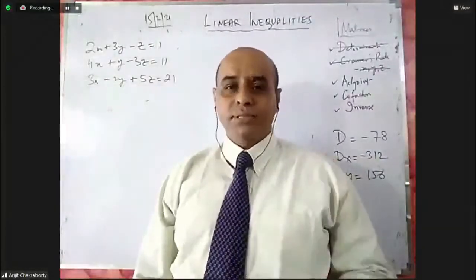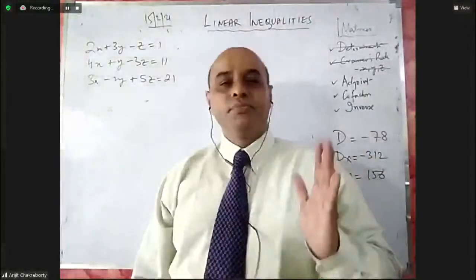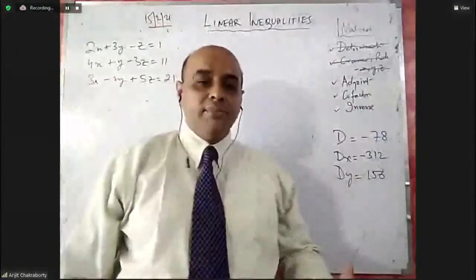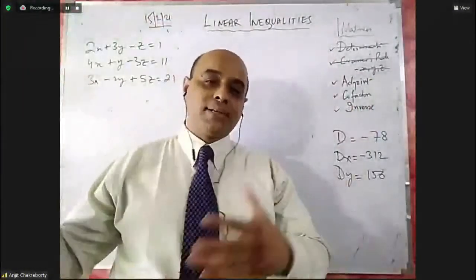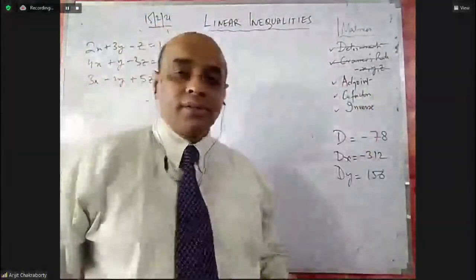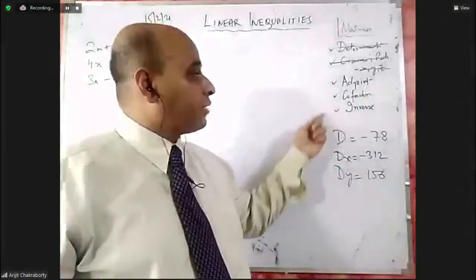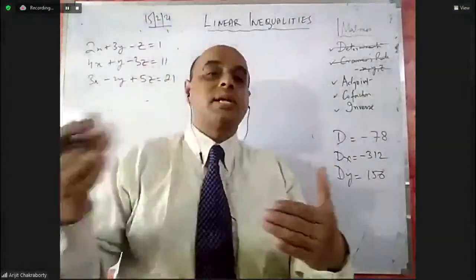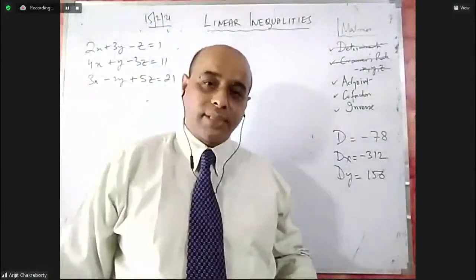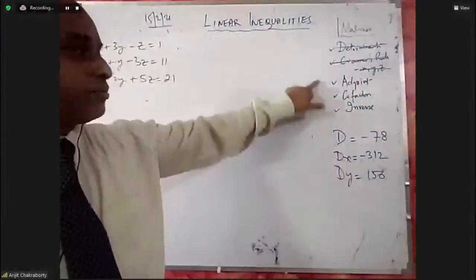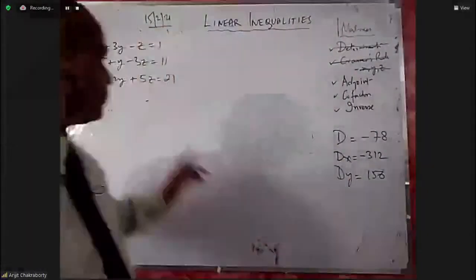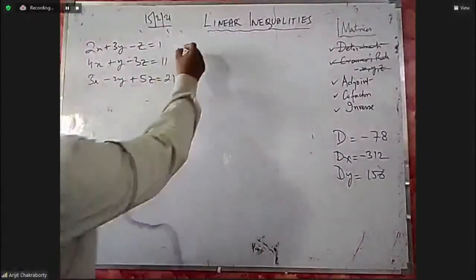So I will request you very humbly to please complete. That's why I'm taking the extra time, because we had completed matrix as per the schedule, but I am taking extra time today so that we can cover each of the chapters, and we may have to extend beyond 4 o'clock today so that we can complete inequalities. These are very important, and these three are based on determinants. So let us do dz now.